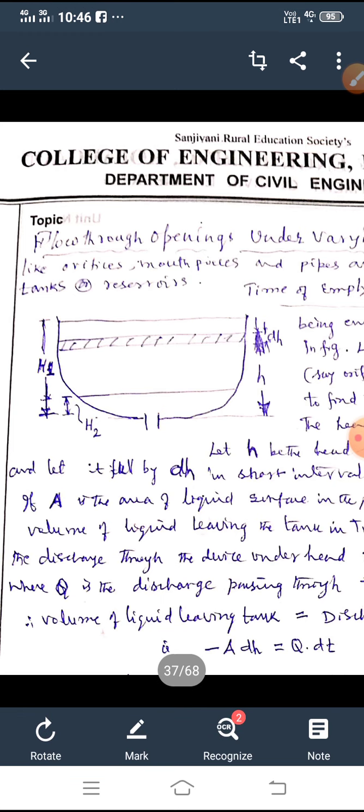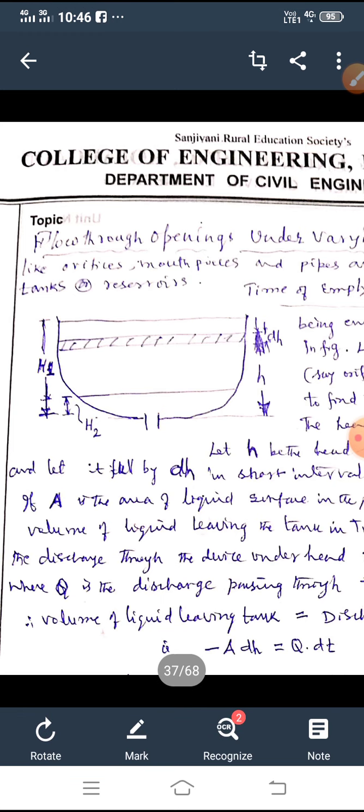Therefore, dt is equal to minus A by Q into dH. This minus sign indicates as time increases or as water flows through the orifice, H reduces above the device. That is the reason why it is affixed with a minus sign.